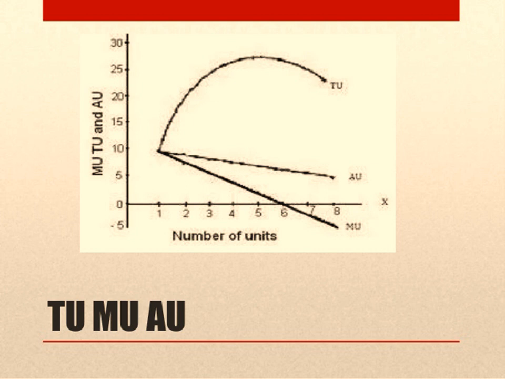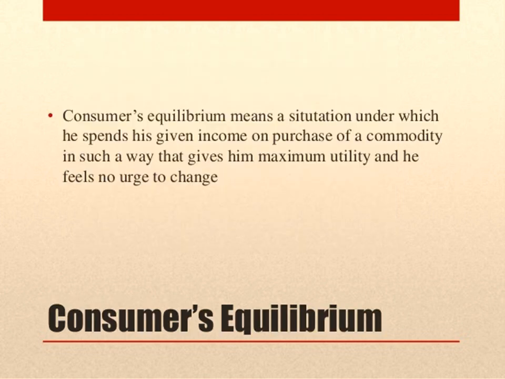When total utility is constant, average utility is still falling, but marginal utility becomes 0. Then in the third stage, when total utility falls, average utility also falls but remains positive, and marginal utility becomes negative. That is the relation between total utility, marginal utility and average utility.